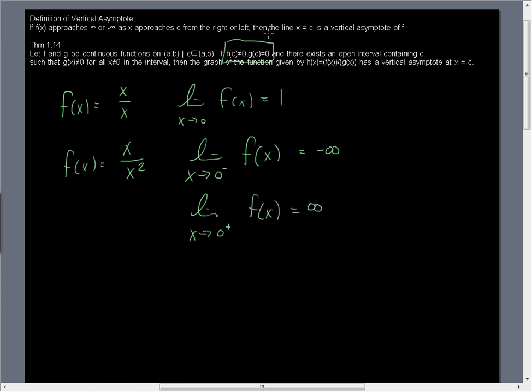So here we have an issue where all of a sudden we have the indeterminate form. When we have an indeterminate form, it actually kind of semi works out nicely.